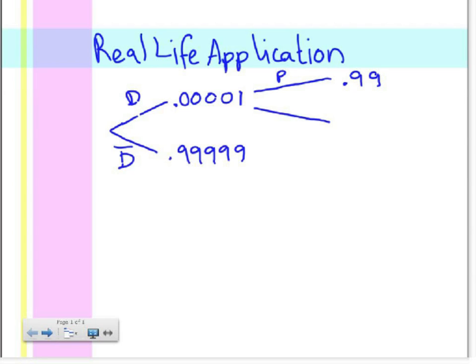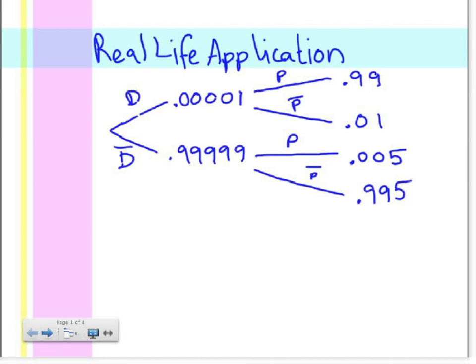And they will test negative 1% of the time, which would be a false negative test. And of the people who do not have the disease, they will have a false positive 0.5% of the time, and they will have a correct negative test 99.5% of the time.